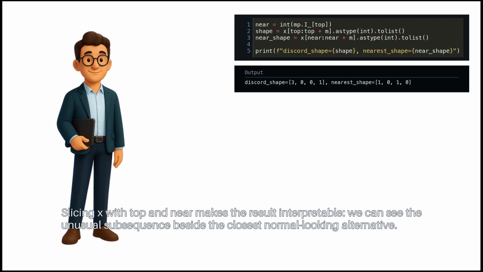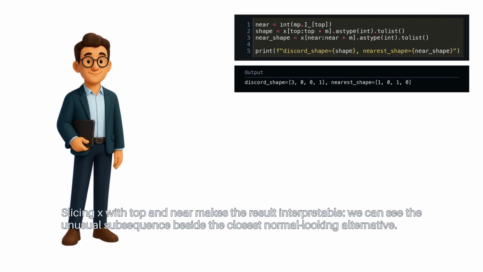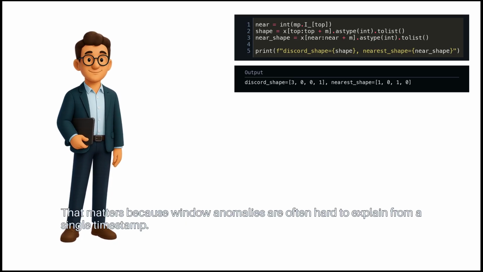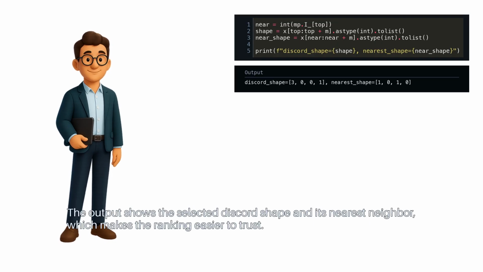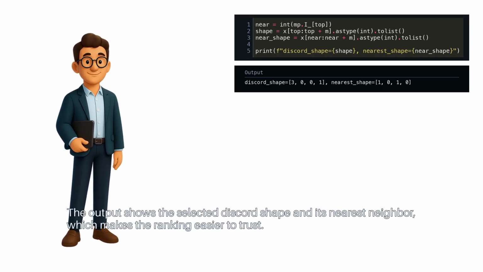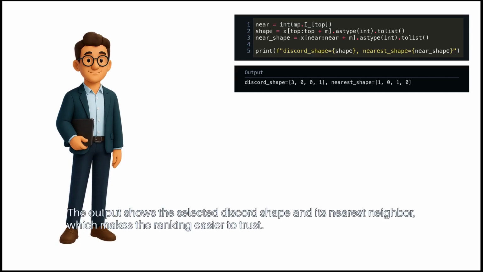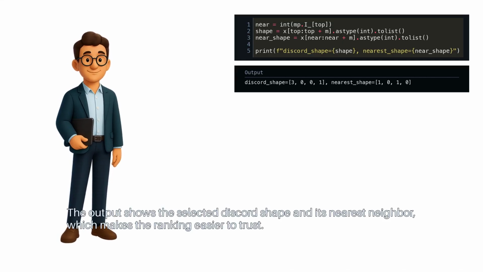Slicing X with top and near makes the result interpretable. We can see the unusual subsequence beside the closest normal-looking alternative. That matters because window anomalies are often hard to explain from a single timestamp. The output shows the selected discord shape and its nearest neighbor, which makes the ranking easier to trust.